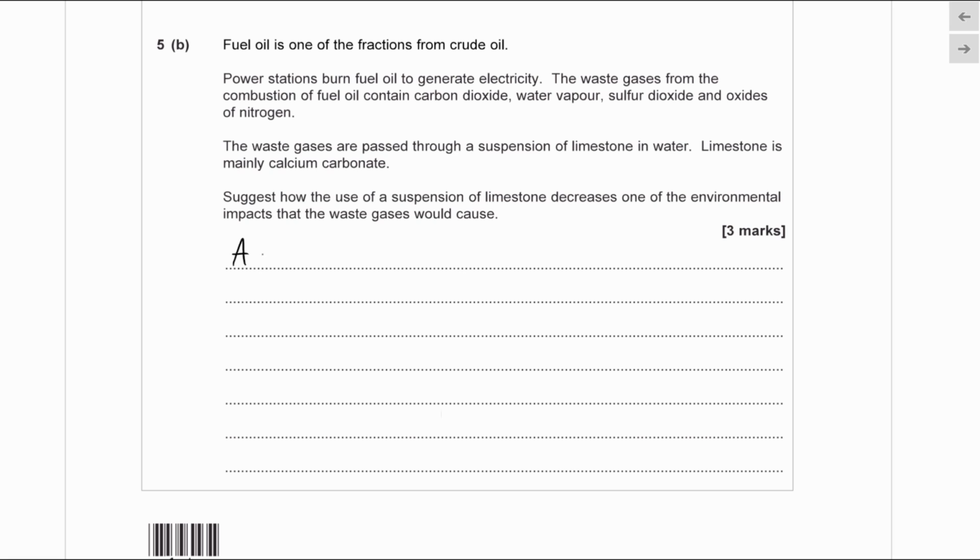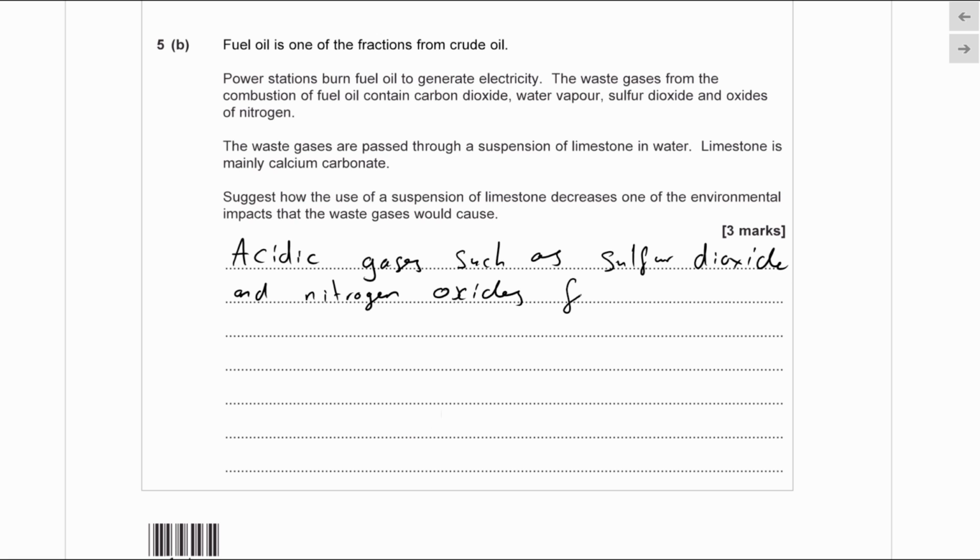Okay, so acid or acidic gases, such as sulfur dioxide is an acidic gas, and nitrogen oxides are also acidic gases. Right, you should know that the non-metal oxides are acidic in general, and nitrogen oxides form acid rain.